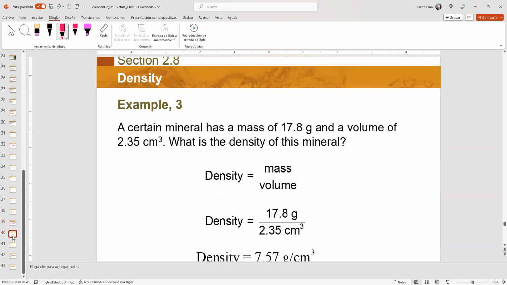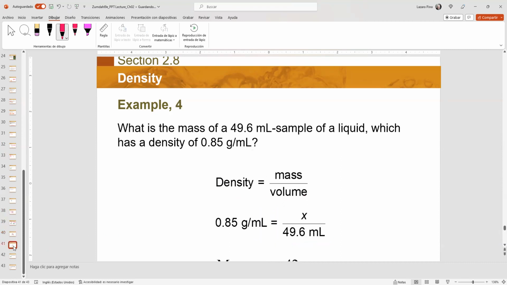Let's continue. Here we have an example of how we can do a calculation of density. If you know the mass and you know the volume, you can get the density of a certain mineral. You can stop the video and see the operations.